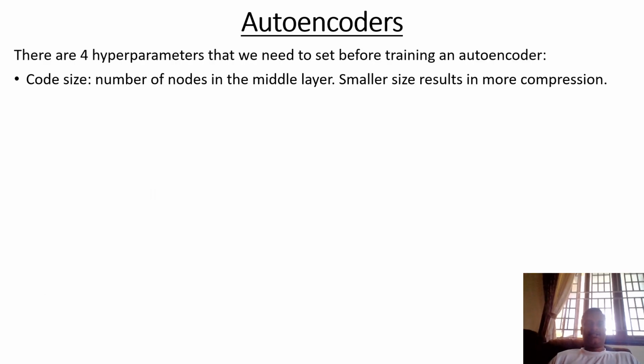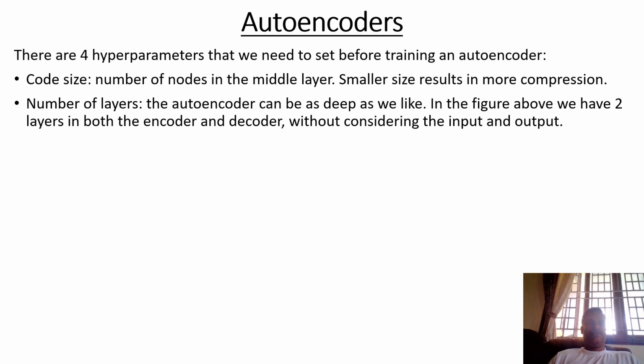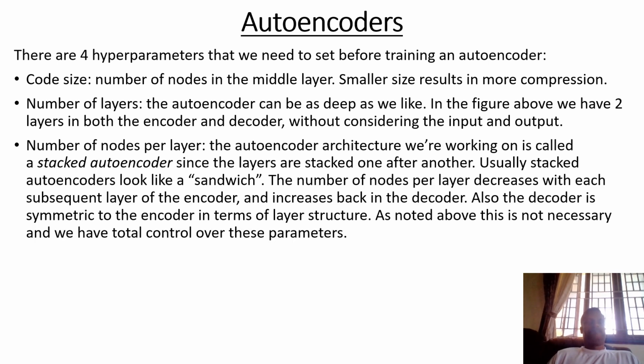There are four hyperparameters which you need to set right when you are training an autoencoder. One is the code size, which is the number of nodes in the middle layer. Then the number of layers. You can have as many layers as you like; it doesn't matter. If you want the data to be reduced to the highest possible extent, then you need to have a small number of neurons in your internal deep layer. Then the number of nodes per layer. As you have seen, it's a stacked encoder, like a sandwich, where all the layers are sandwiched between two other layers.